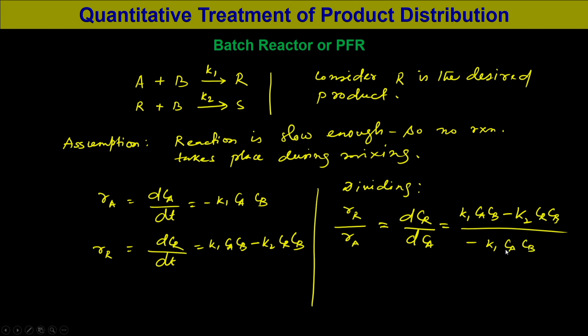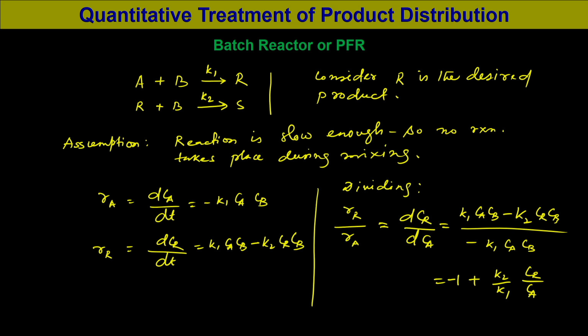So, this we can simplify to be equal to minus 1 plus K2 by K1 times CR by CA. So, the solution method of this was already discussed earlier.